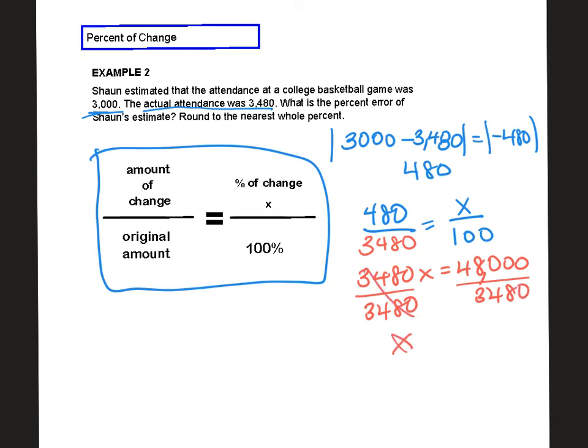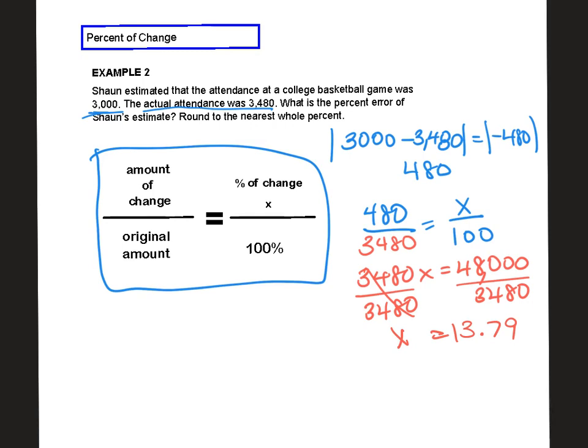Some of us can divide this out, but for the sake of this example, you can go ahead and use a calculator to do this along with me. We are going to put in 48,000 divided by 3,480. We get 13.79. All right, and the problem says to round to the nearest whole percent.